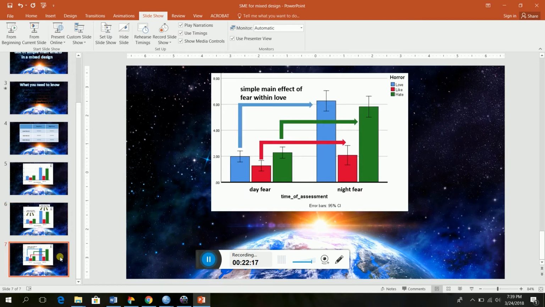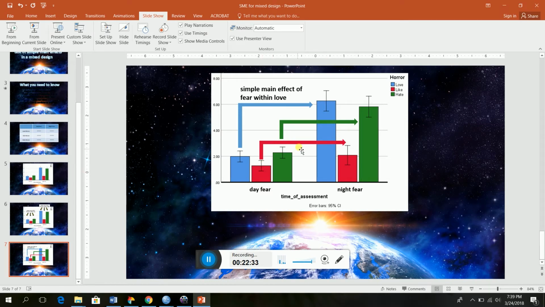All right. Now, remember that there's still another set of simple main effects we can conduct, and that set of simple main effects will compare the means 2 by 2.